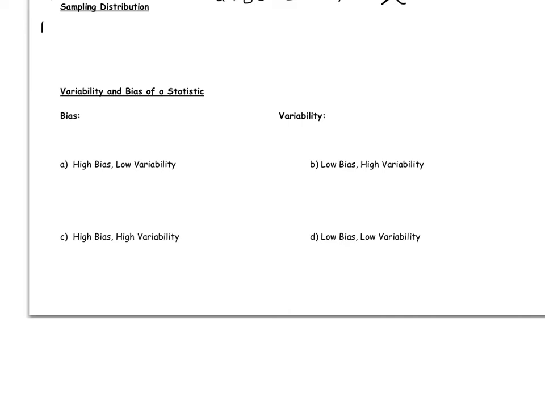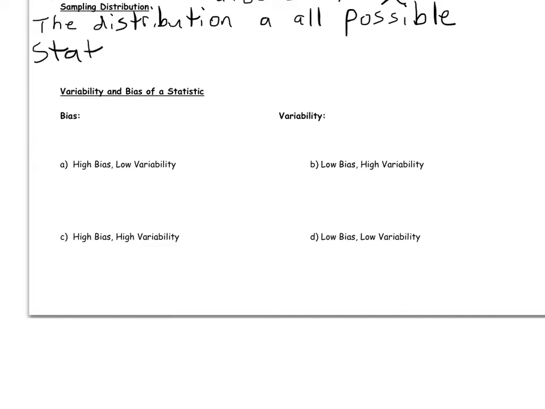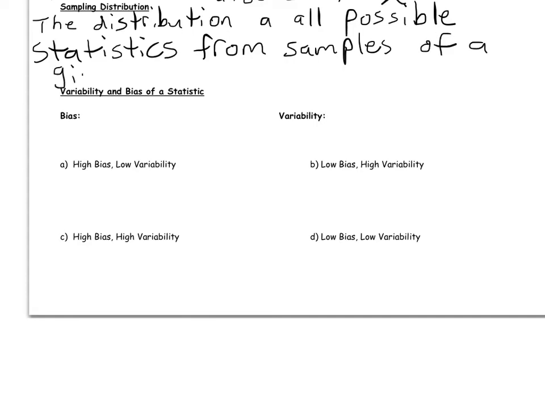So that's the distribution of all possible statistics from samples of a given size. I usually call n my sample size. Okay, so I made a mistake that I'll correct here. This should be the distribution of all possible samples. Made a correct that typo.